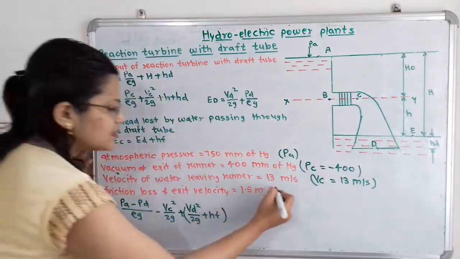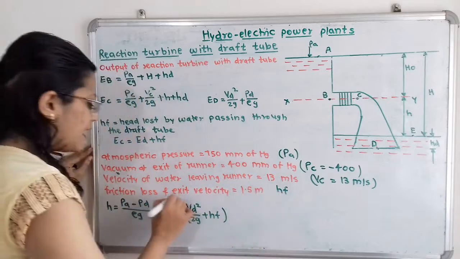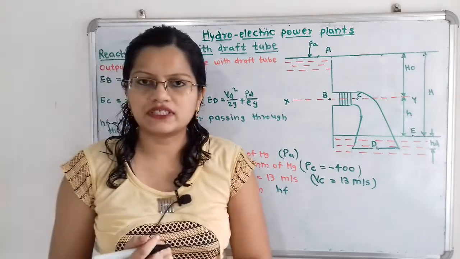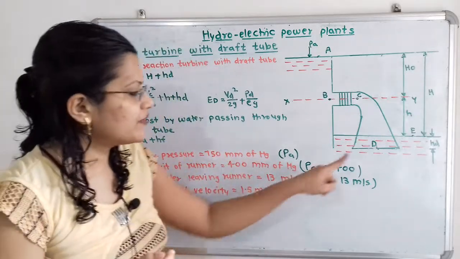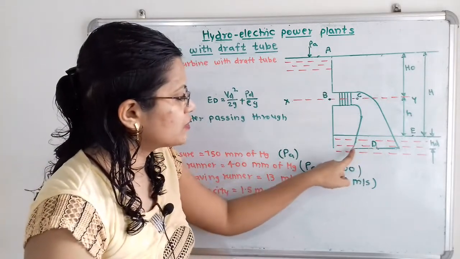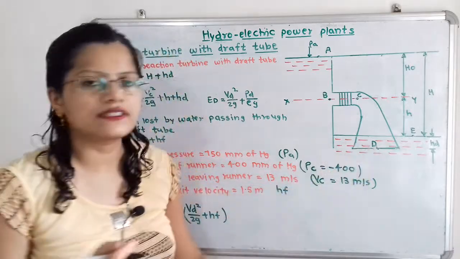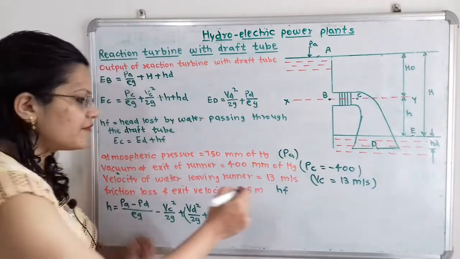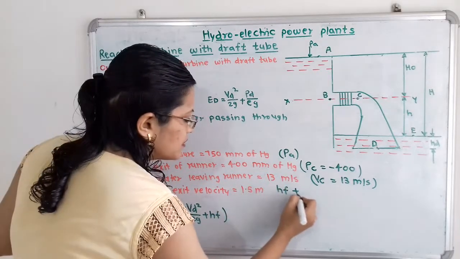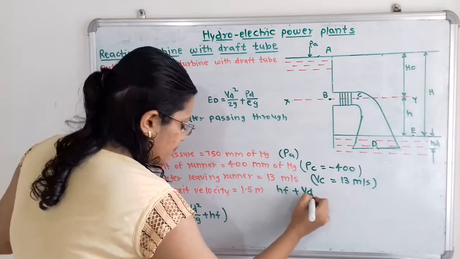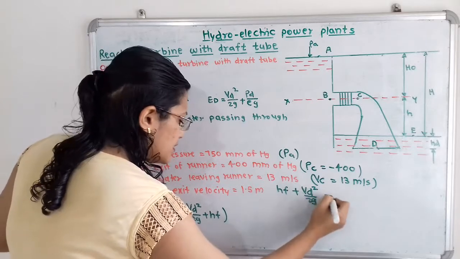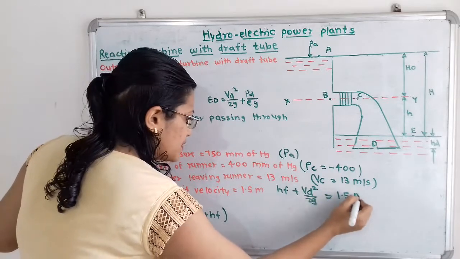So we can say that this HF. And exit velocity. So what is the exit velocity? So if we observe here, exit velocity, that is at point D there is the exit. So velocity at point D is Vd. So HF plus Vd square by 2g, it is given 1.5 meter.